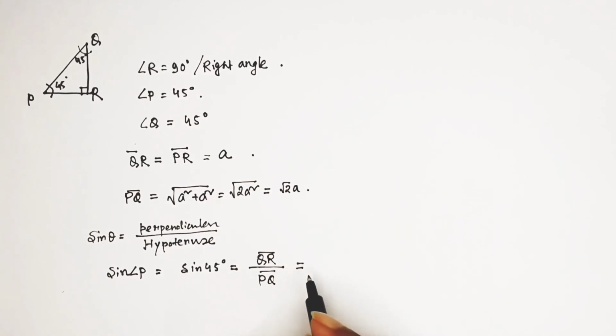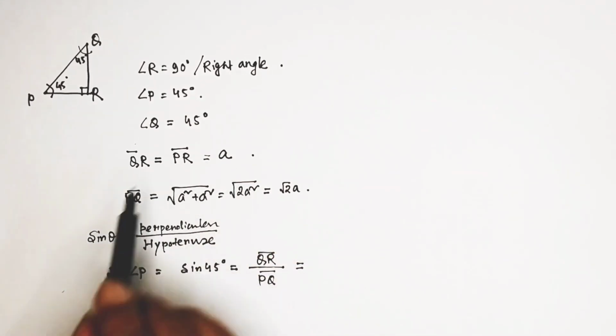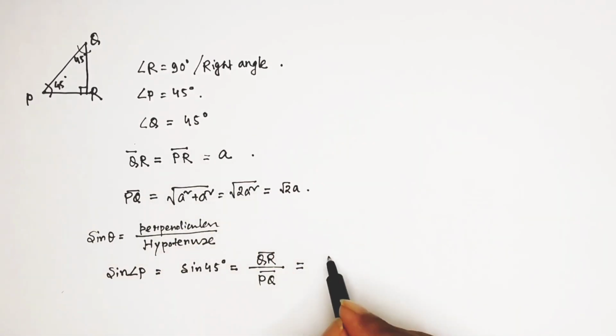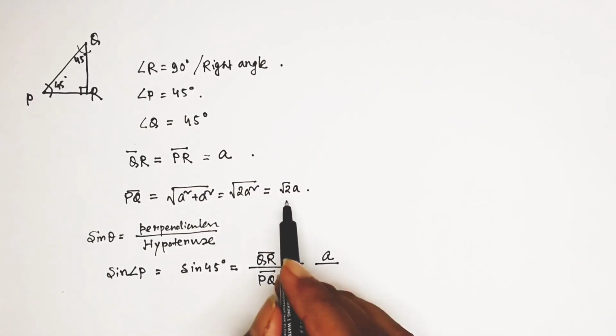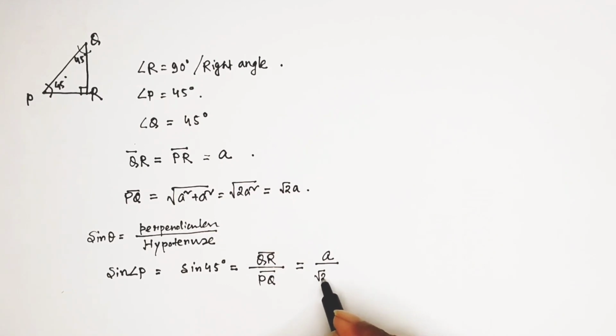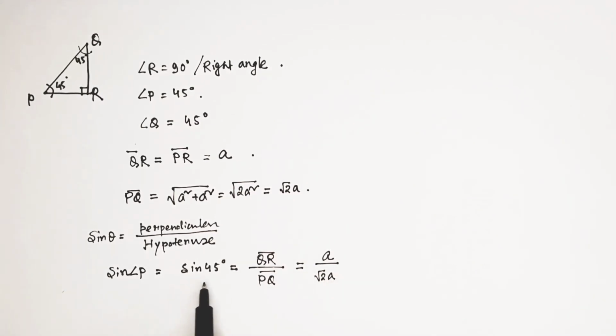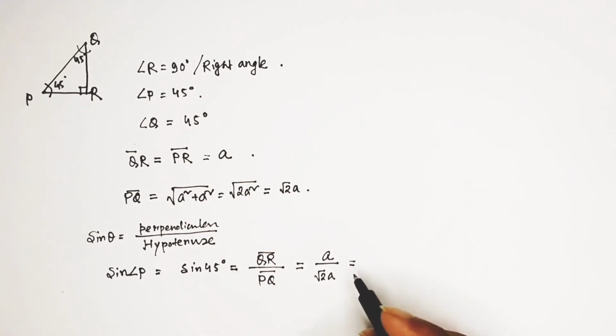We assumed the length of QR is A. So QR equals A and PQ equals root 2 into A. So we can see that sine 45 degree is equal to 1 by root 2.